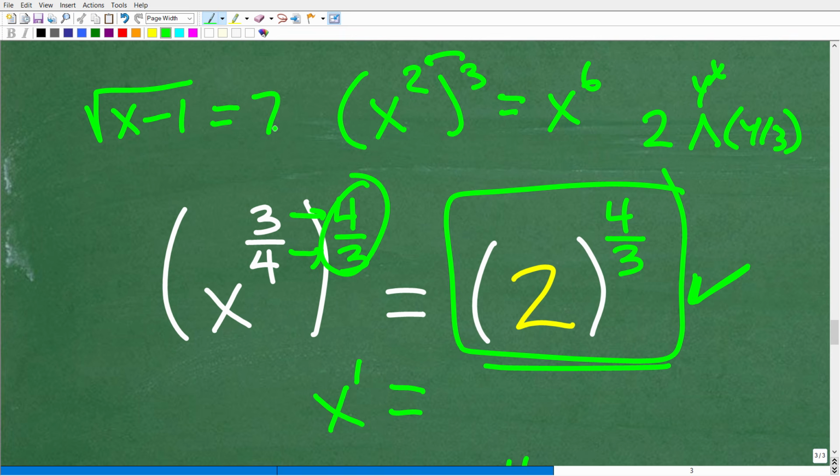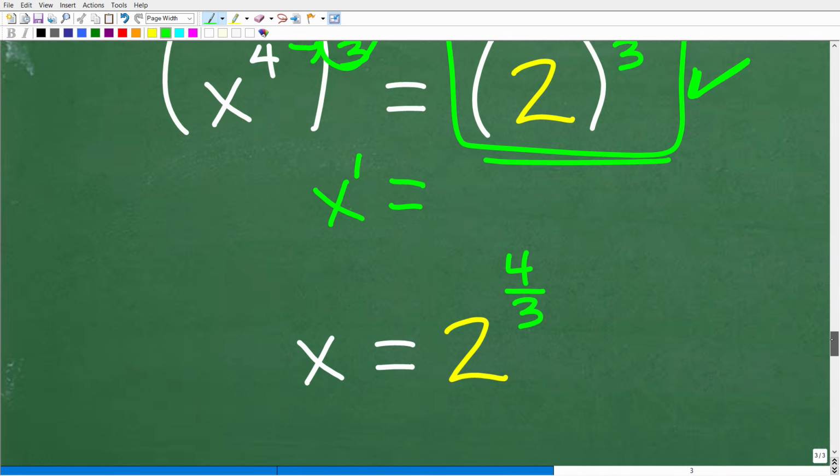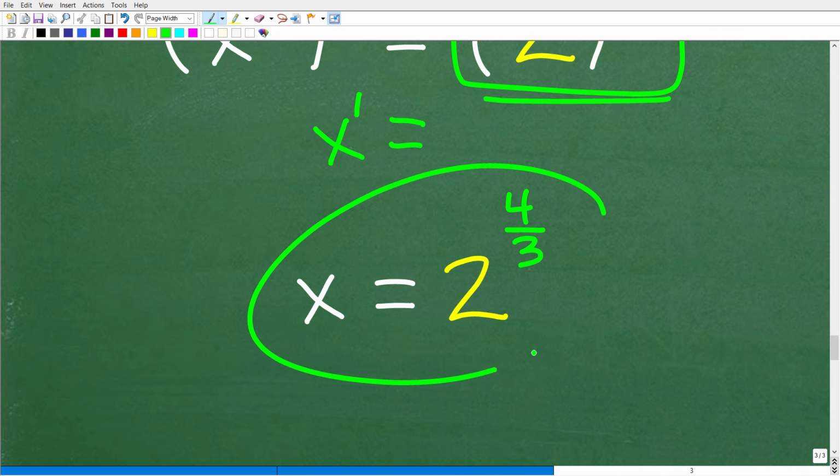And if you don't understand that concept, well, again, these are topics that you'll learn in Algebra 1 and beyond, right? Again, a lot of details here. So we have to check this solution in our original equation to make sure it is correct. But let's take the next step, which of course is to take our solution and plug it into our problem and check and see if it is good to go.